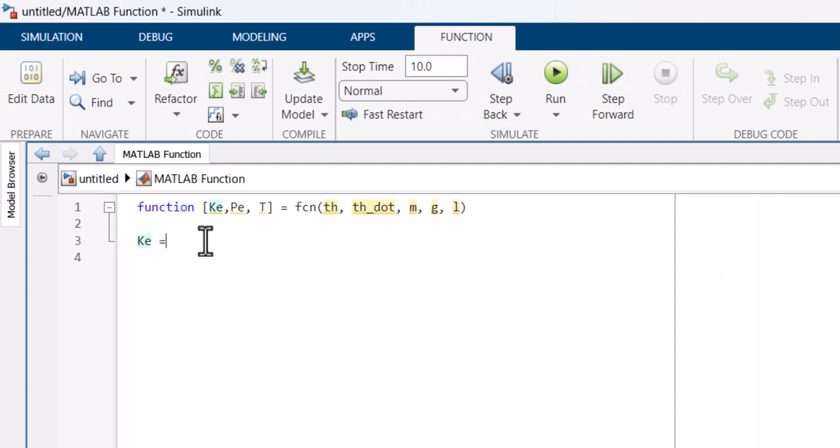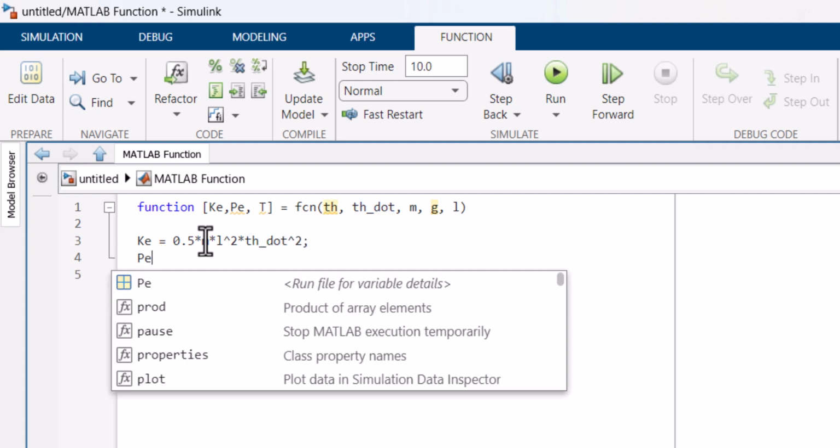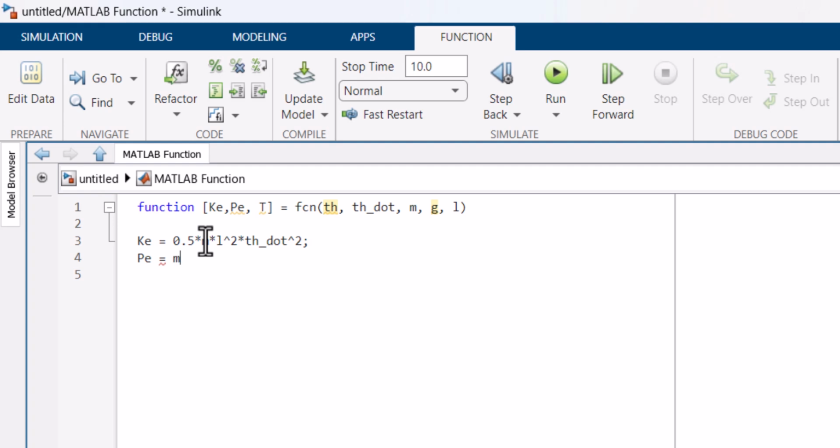For Ke, the equation was 0.5, that is 1 by 2, multiplied with M multiplied with L square multiplied with theta dot square. And for potential energy, the equation was M multiplied with G multiplied with L multiplied with 1 minus cos of theta.